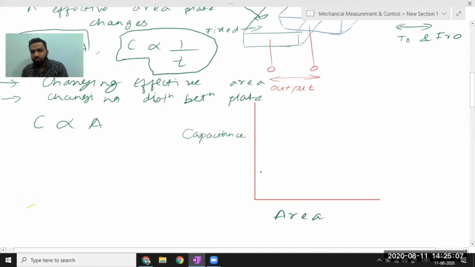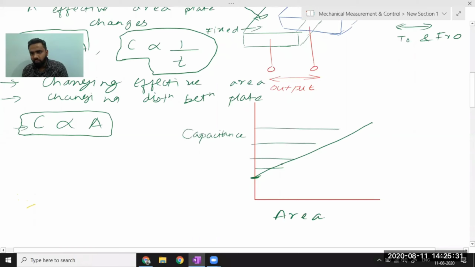This will be linear, because this is nothing but a linear relation. Suppose there is some initial capacitance value. When I change the capacitance, automatically the effective area will also change.